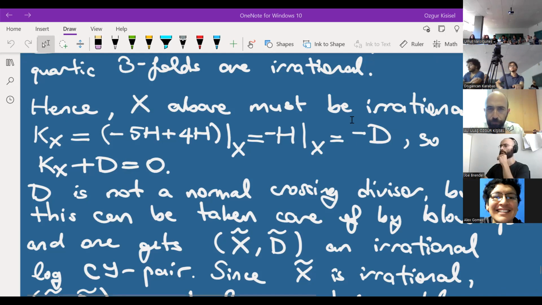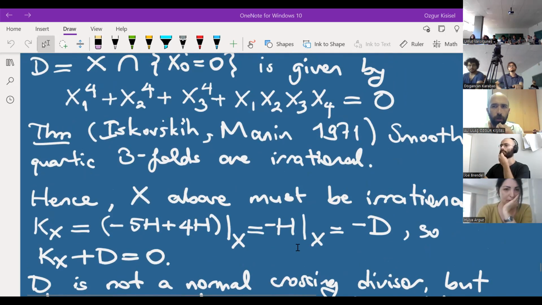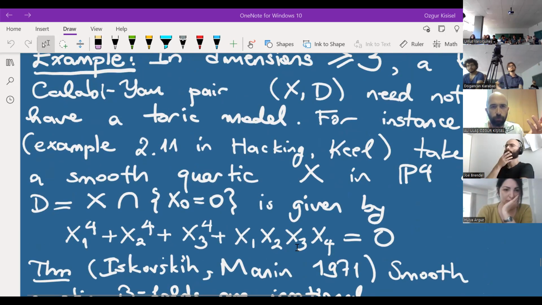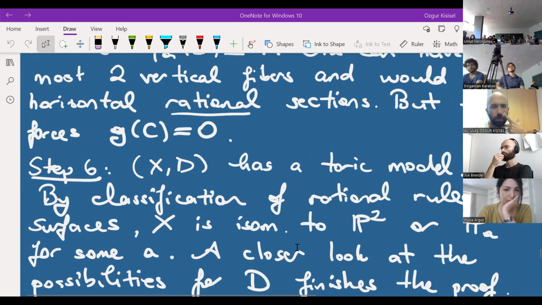Vivek has a question. What if you assume that the ambient X is rational? If you assume X is rational, I guess for the proof you mean, or for the statement in dimension 3?